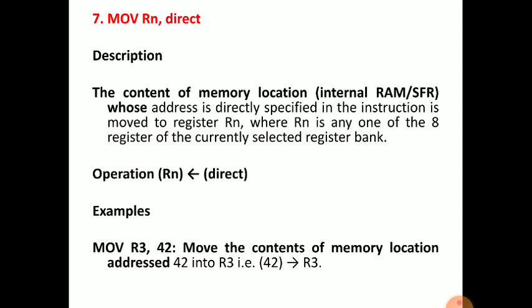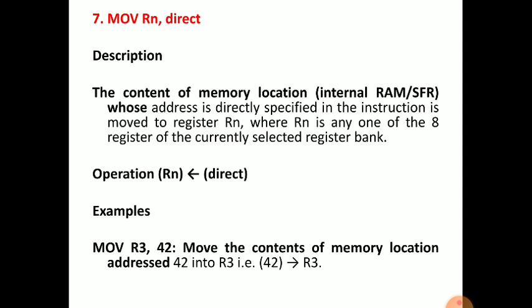So the description part is: the content of the memory location, that is internal RAM or SFR, whose address is directly specified in the instruction, is moved to register Rn, where Rn is any of the 8 registers of the currently selected register bank. So the operation is represented as: the contents of the direct memory location are copied onto the Rn location.